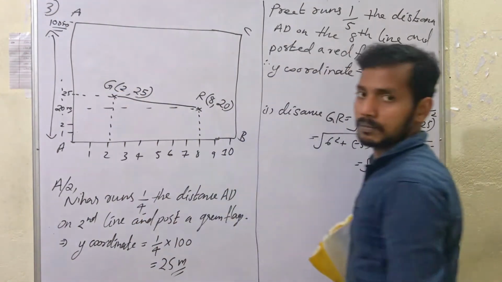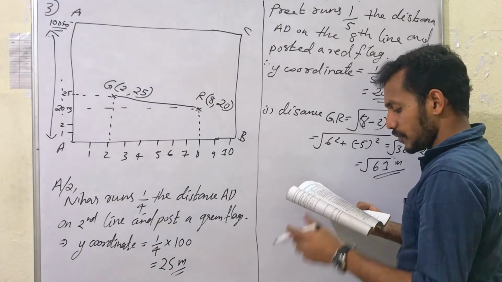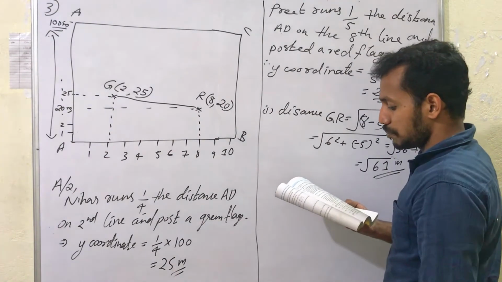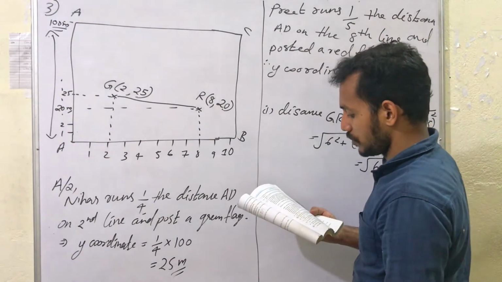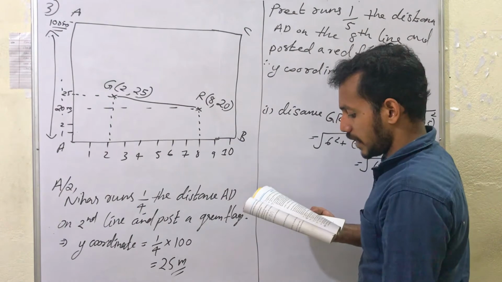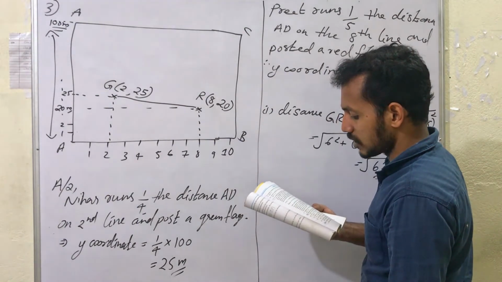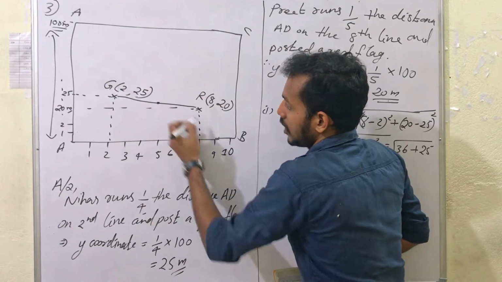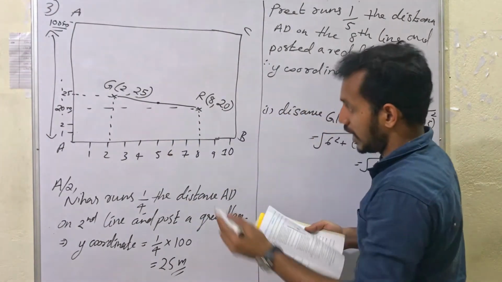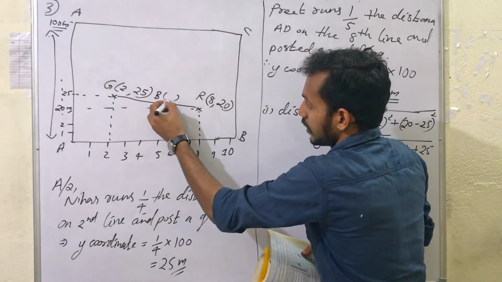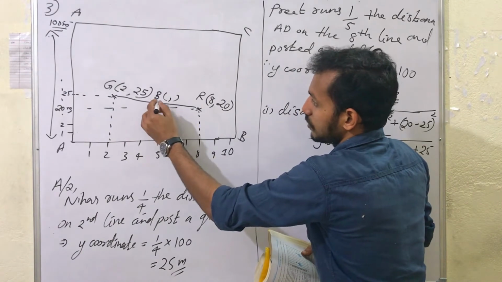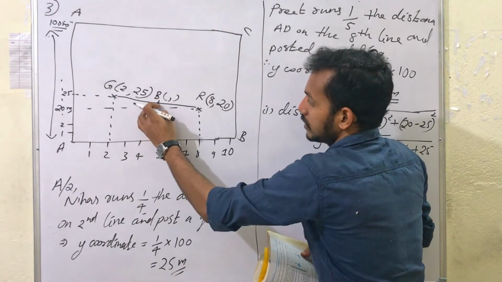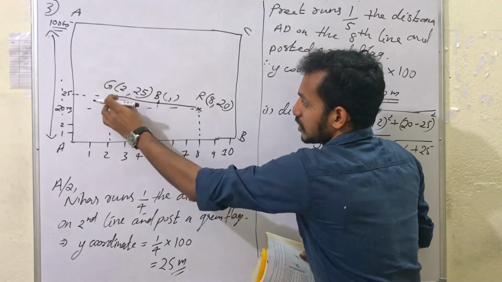Then what is the second question? If Rashmi has to post a blue flag exactly halfway on the line segment joining these 2 points, we have to find the coordinates of this flag exactly in the middle of this line segment.